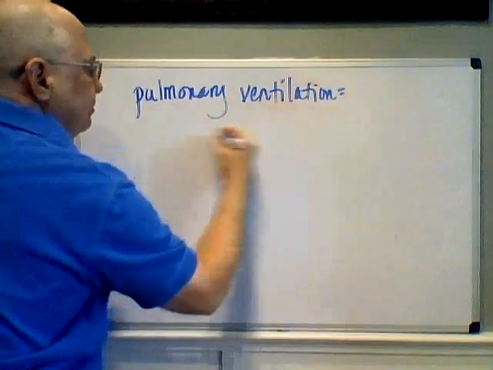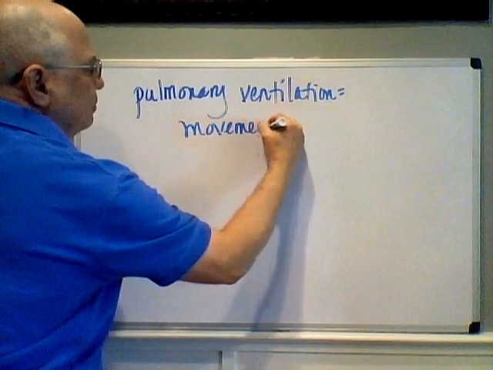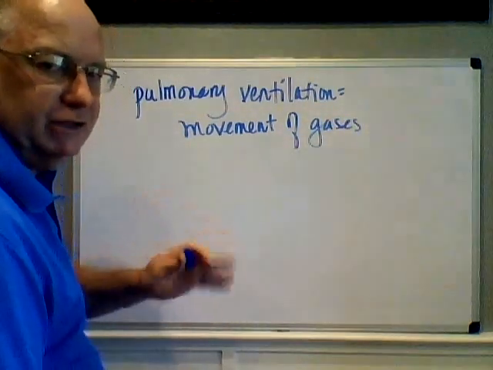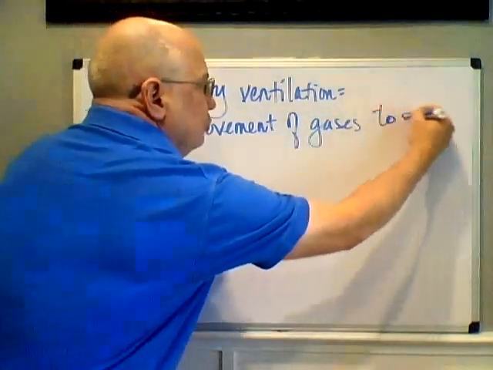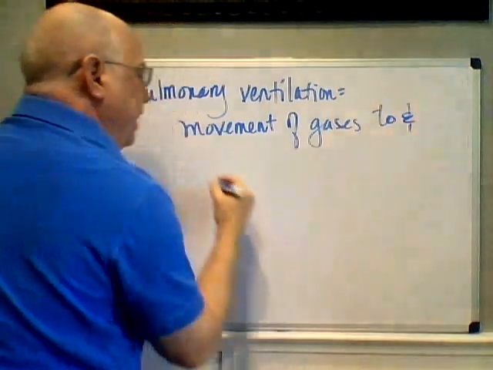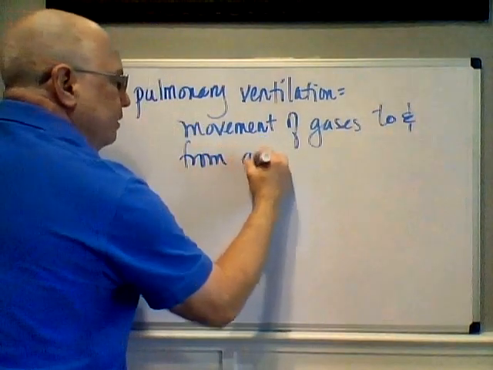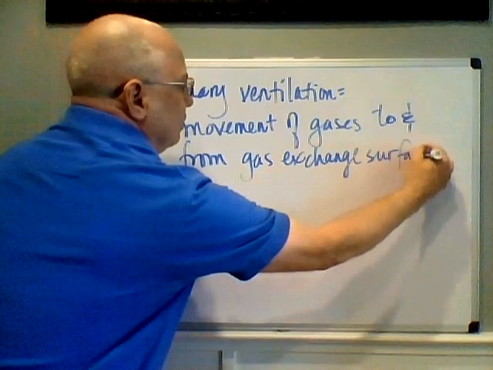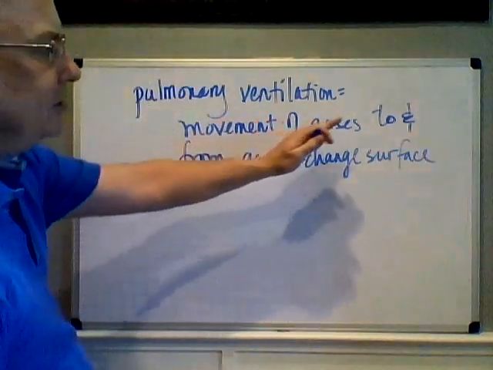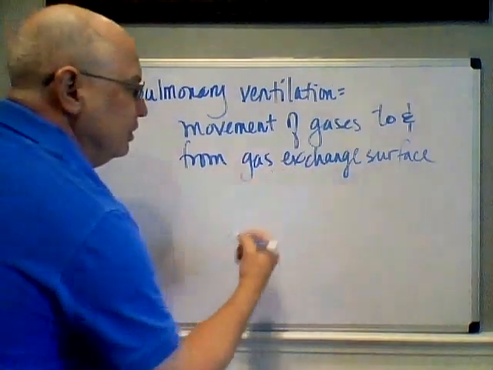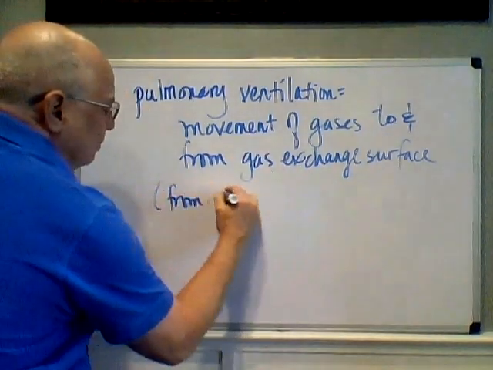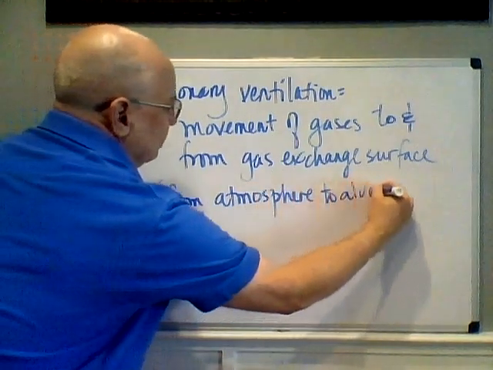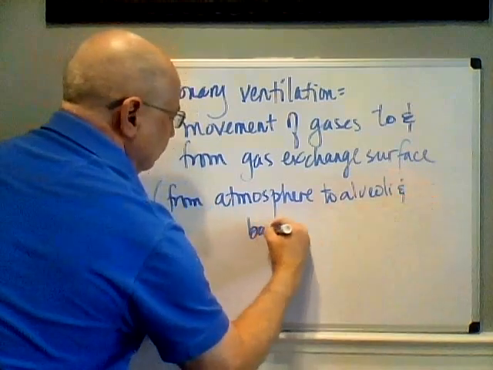Pulmonary ventilation simply means the movement of gases, and we're talking about what we call the dissolved gases, to and from the gas exchange surface, or essentially from the atmosphere to the alveoli and back out.